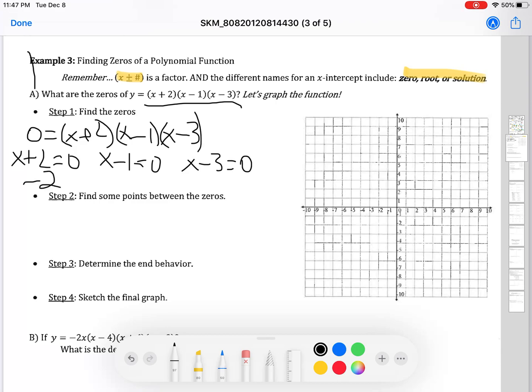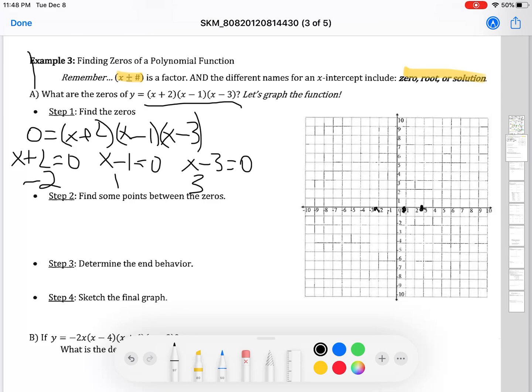So it's -2, +1, and +3. So again, we're not going to have to do this by hand here. This is just a simple sketch just to build the function. But you can see that right here is -2, right? Because we know it's an x-intercept. There's +1, and then also +3.